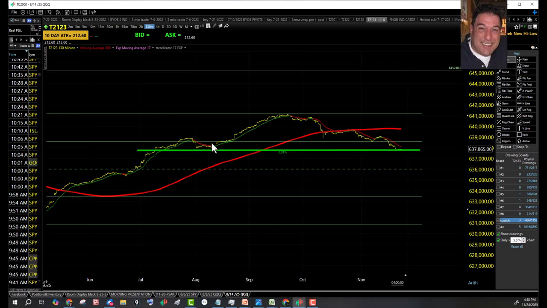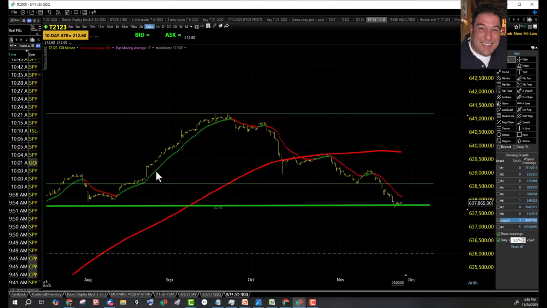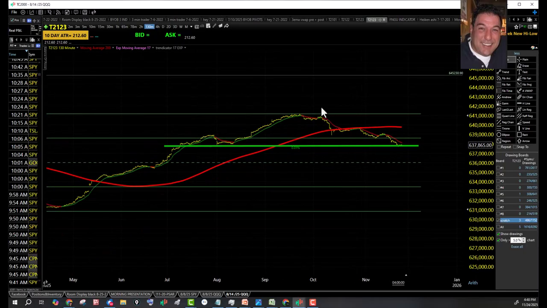Here's the head and shoulders pattern from back in July. You can see price winds up decapitating the head by producing a higher high up here. Now we've got an even bigger head and shoulders, this being now the left shoulder, all of this the right shoulder, all of this the head. So we'll see what happens.